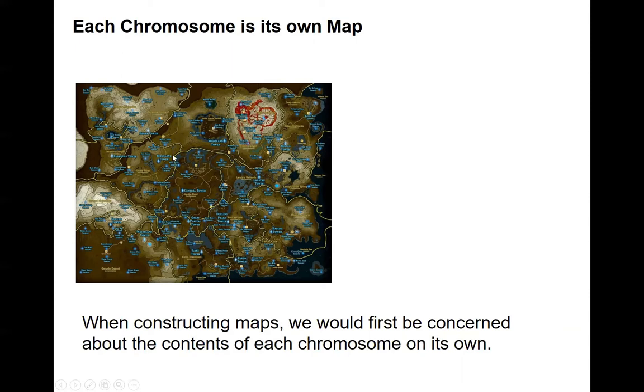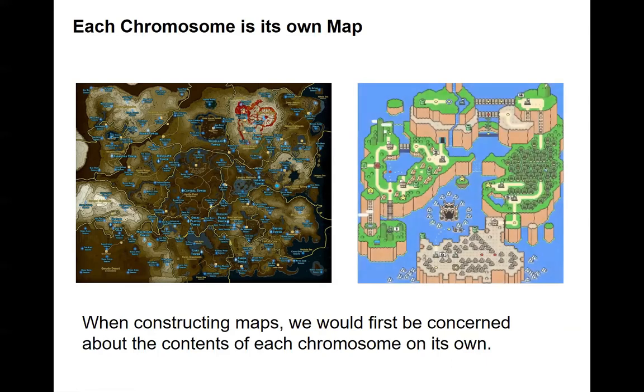They're on the same map, so we've got everything kind of in relation to each other. However, what you won't see is Yoshi's House from Super Mario World hanging out somewhere over here in Hyrule. This is a separate chromosome. So when we're dealing with mapping, for most basic points, we only care what's going on one chromosome at a time. We'll get to full genome stuff a little later, but for now, focusing on one at a time.